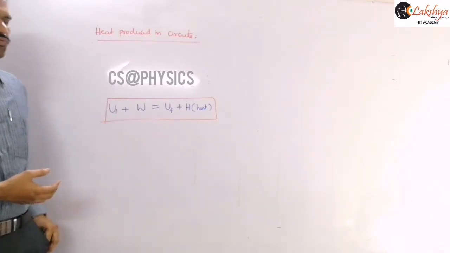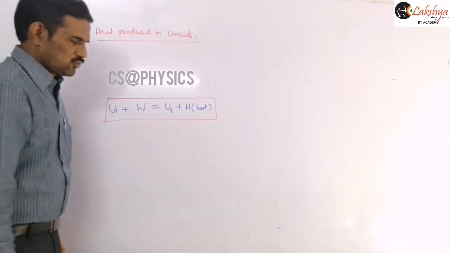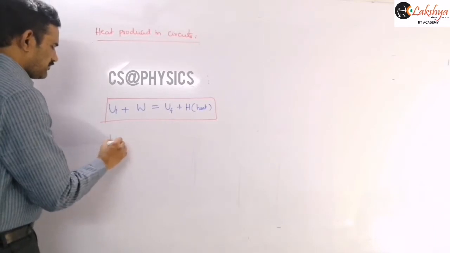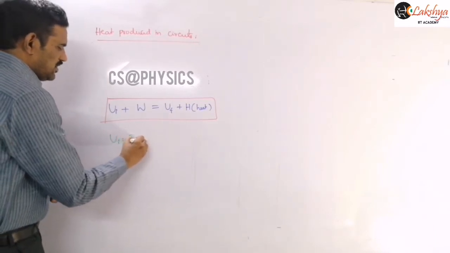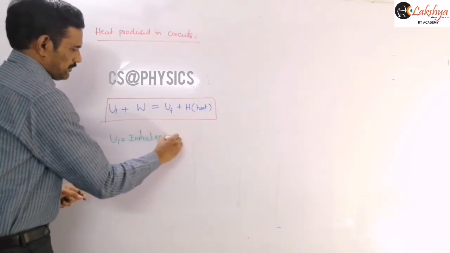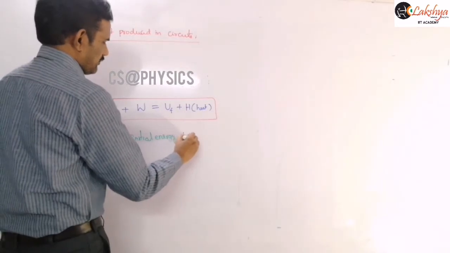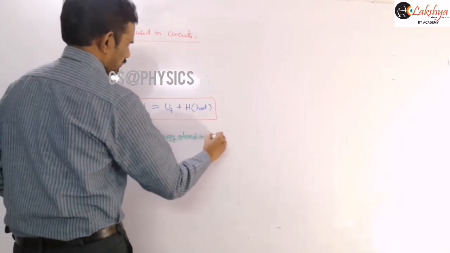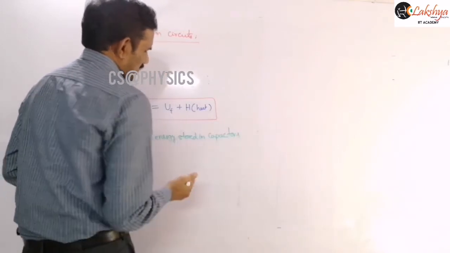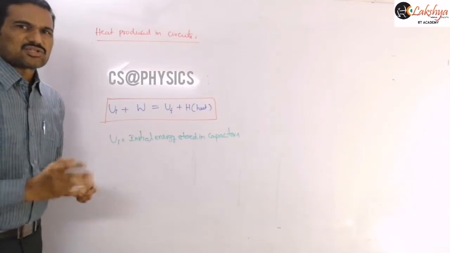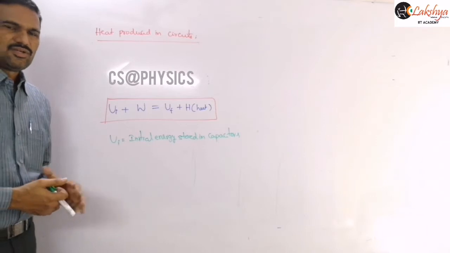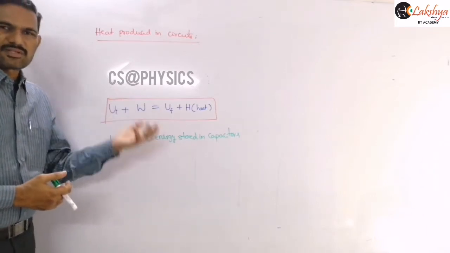Now let us write what the terms Ui and Uf represent here. Ui means the initial energy stored in the capacitor. In some cases it may be zero. That means if you are considering an initially uncharged capacitor, for example, then the initial energy stored in it will be 0, right? Or in some cases there may be some energy here.